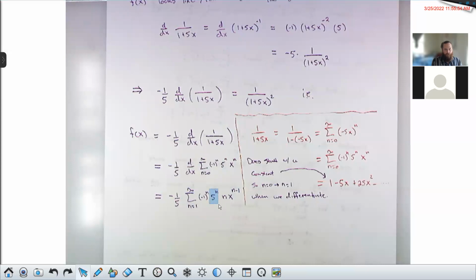Why did I not differentiate 5 to the n? Right, the derivative of 5 to the n is 5 to the n times the natural log of 5. Where's my natural log of 5? Didn't I have to differentiate that piece?